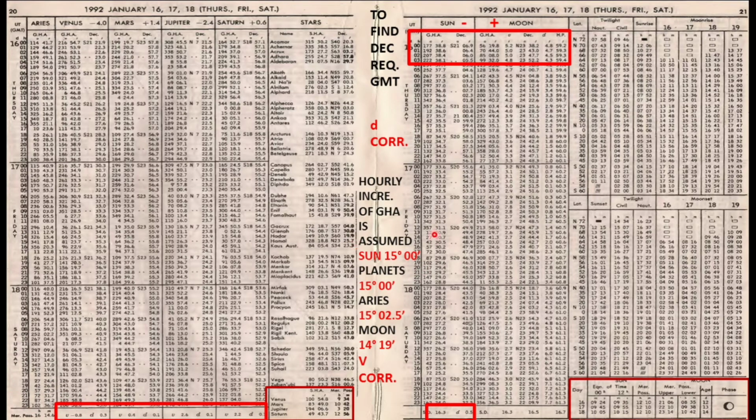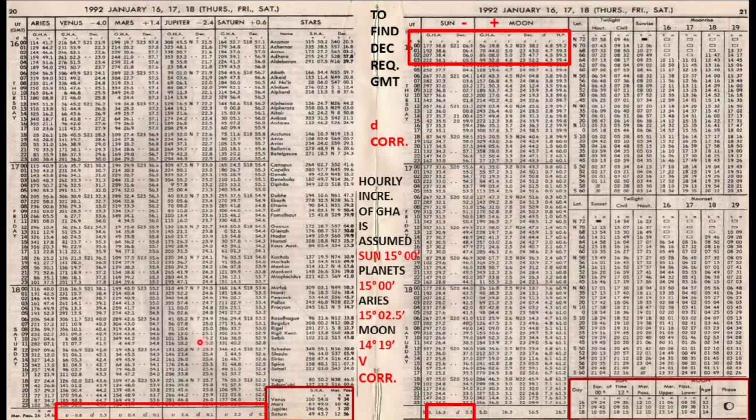We assume that the GHA of Sun, planets and Aries increases by 15 degrees, or 15 degrees 02.5, and for the moon 14 degrees 09. This GHA increases by this amount. It is never less than this. It can be more than this. So the amount it changes in 1 hour, instead of the 15 degrees or 15 degrees 02.5 or whatever I have taken, is what the V correction is.